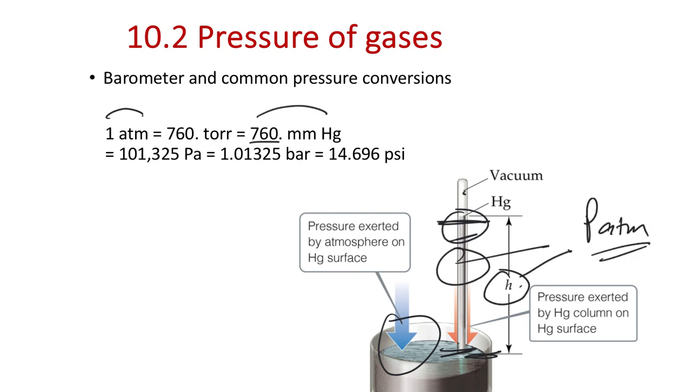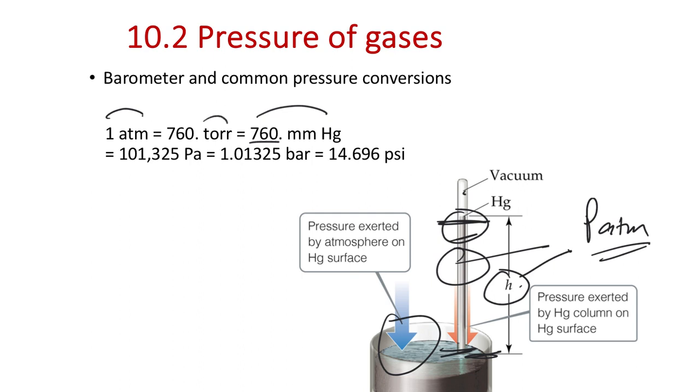So this is a way of measuring atmospheric pressure. We don't talk too much about barometers. You might see an example or two in the homework just to get a sense of how they're used. But it's also a way of understanding why we use the unit millimeter of mercury. Millimeters of mercury would be the height for what we call standard atmospheric pressure.